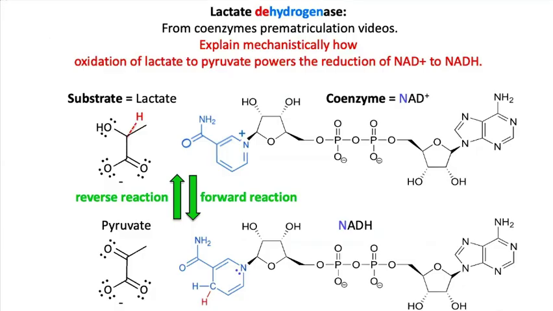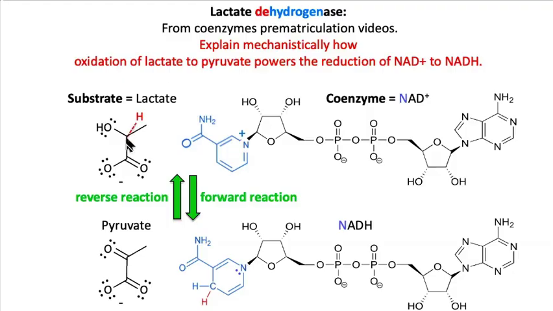But the point is that all enzymes work by bringing a coenzyme next to a substrate, and they position them right where you can exchange something. Lactate dehydrogenase grabs lactate and NAD+, and it puts that hydrogen atom right next to the aromatic ring, and it pushes them together so that the hydride can move over.